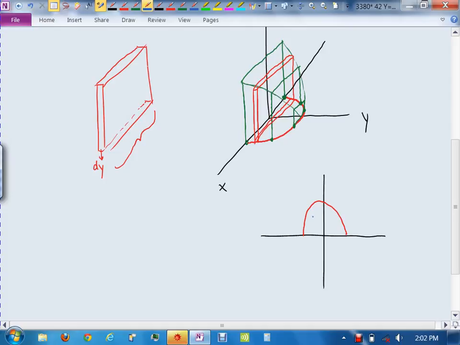And my little rectangle inside that's on the ground goes like this. It's x and y, right? So that's looking straight down. How wide is it? Well, it's the distance between the two points of f of x.